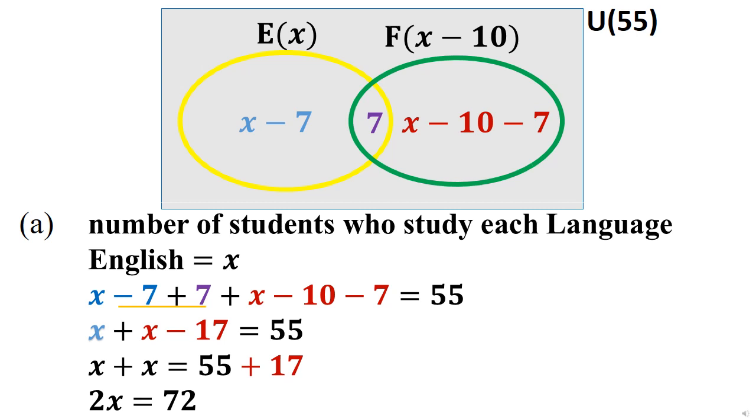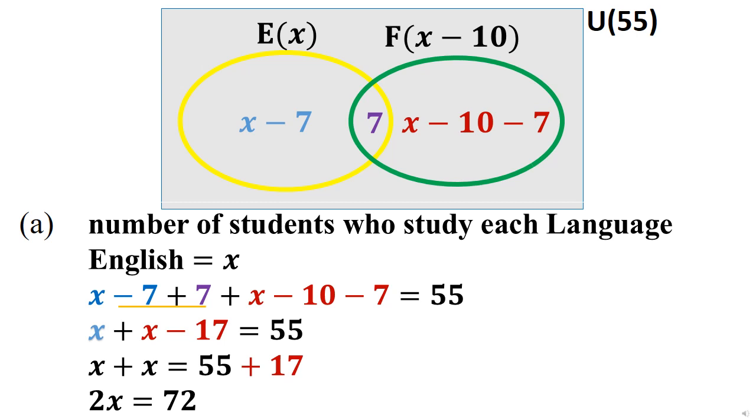So we have x plus x equal to 55 plus 17, which at first was minus 17, but has changed to plus 17 since it has crossed the equal sign to be at the back of the number 55.